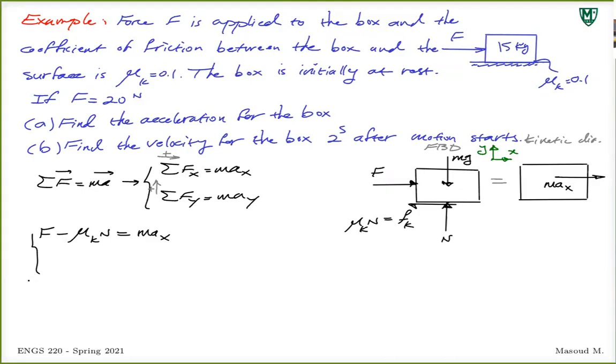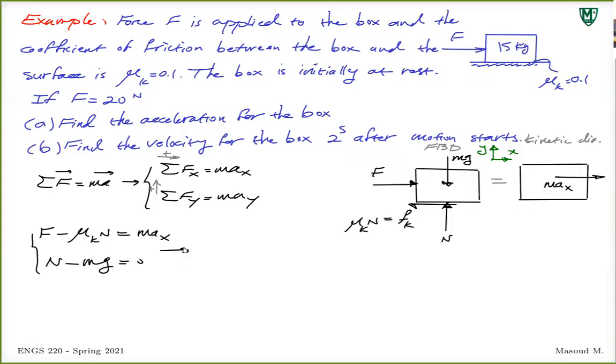Same story for Y components. Components in the Y direction, I'm assuming upward as positive. So N minus mg from the free body diagram. On my kinetic diagram, there is no component in Y direction, so it's 0. So let's see what we get.